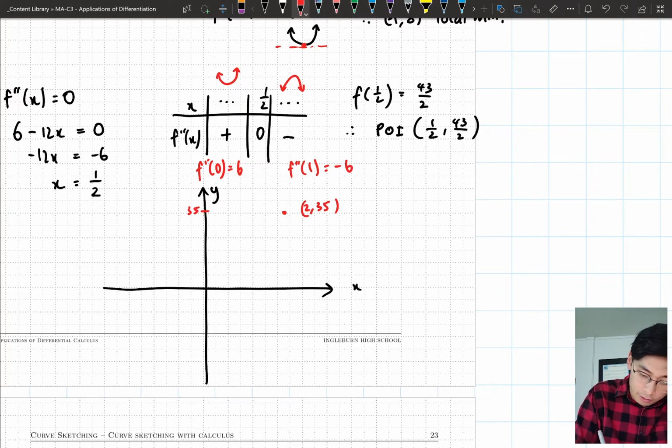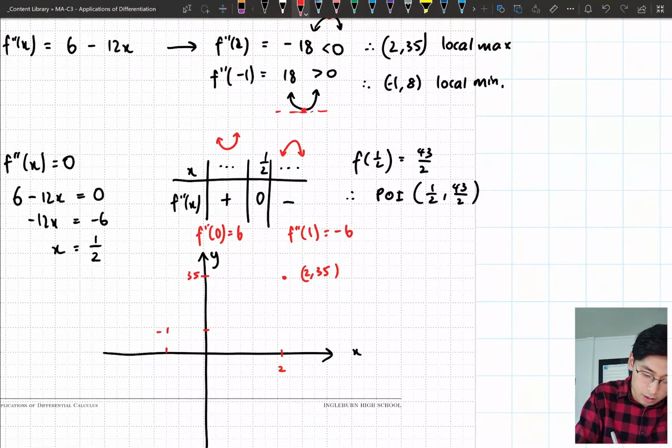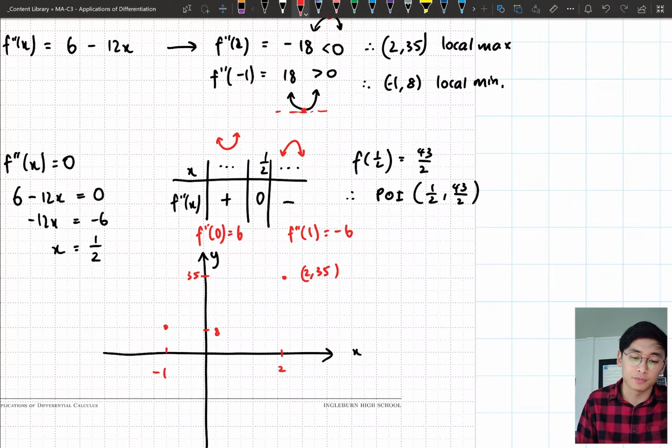So 2, 35. And on the other side, I have a stationary point at negative 1, 8, which should be somewhere around here. Let me write this down underneath here. Okay. I have a point of inflection at a half, 43 over 2, which is roughly 21. So I'm going to have a point of inflection at around here.